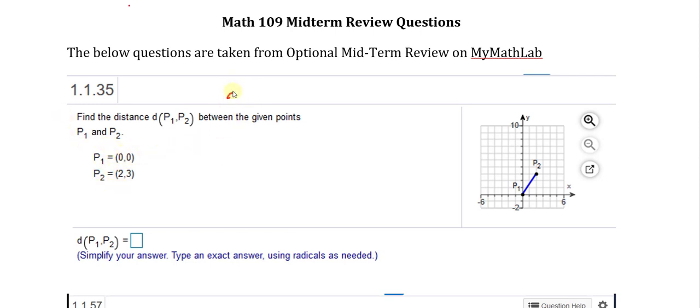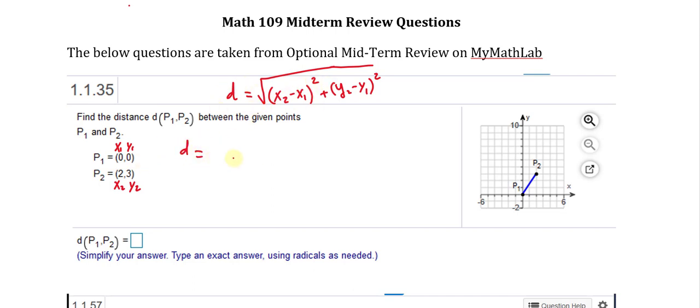We know that the distance formula has the form of the square root of (x2 minus x1) squared plus (y2 minus y1) squared. We are given 2 points, so this is x1, y1, x2, y2, and now you can plug into this formula.